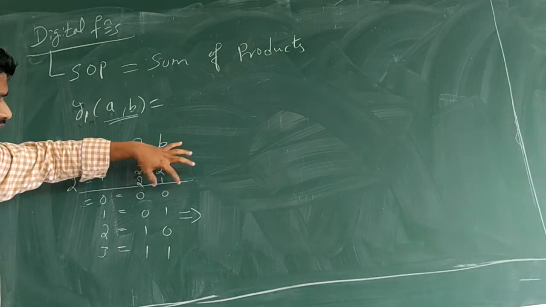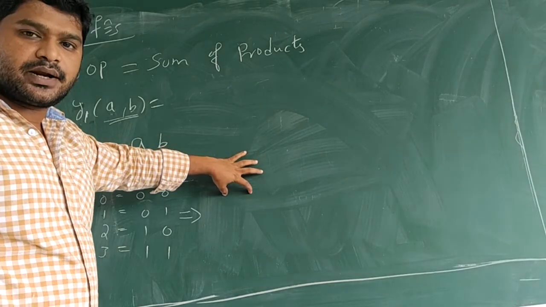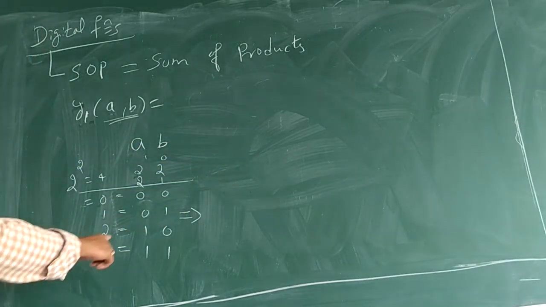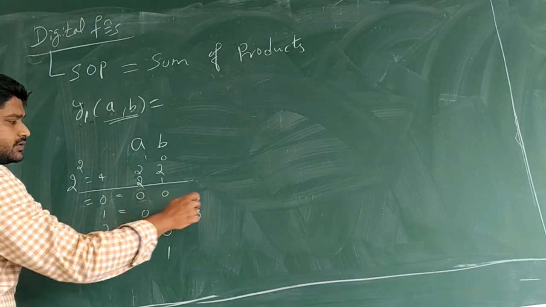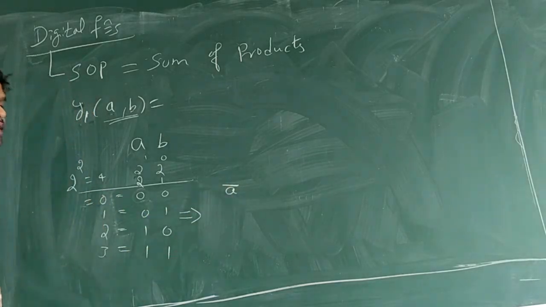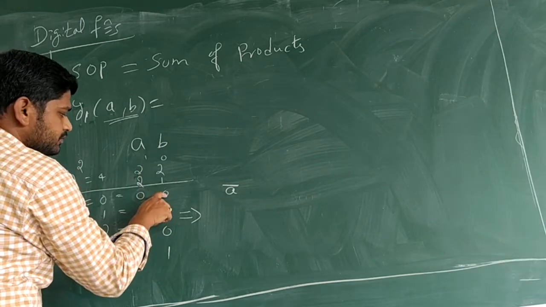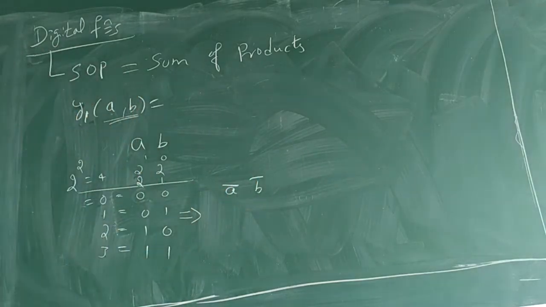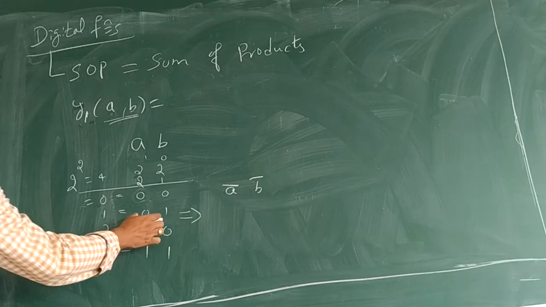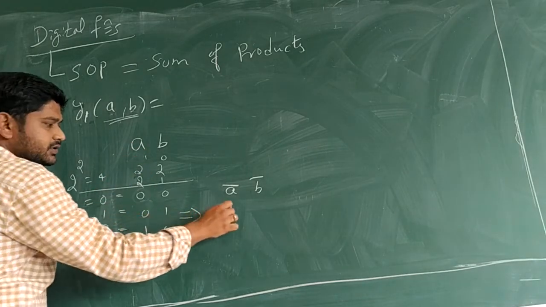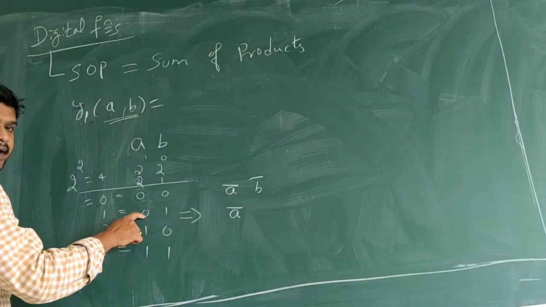Now convert this table into A and B formats. What is the occurrence of A here? It is in the 0 format, hence we write it as A complement. What is the occurrence in the B column? It is also B complement. Second row: A occurrence is 0, hence A complement.